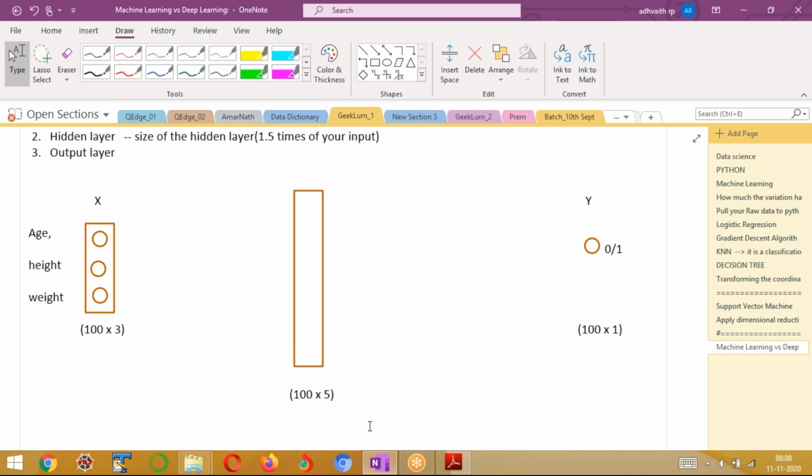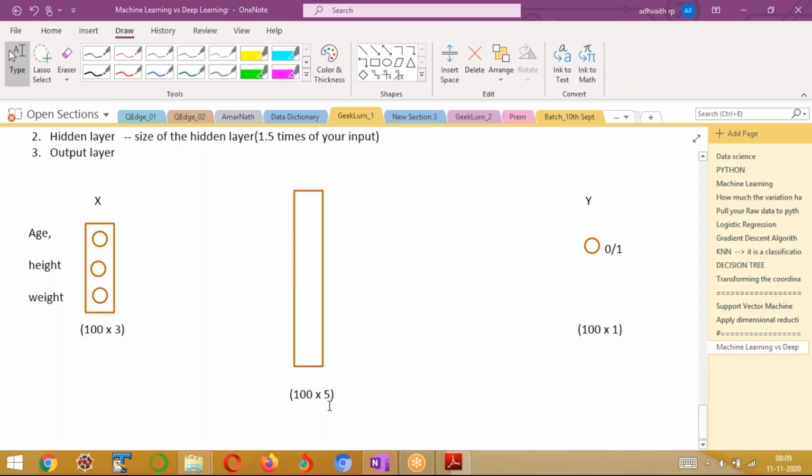If my input is 5 columns, what is the suggestible number of columns in the hidden layer? Yes, 7.5, which means either 8 or 7, nothing wrong. Chetan and Sindhu, are you clear? Good. Here also we are taking a suggestible number. It's not mandatory, it's just what people commonly take.